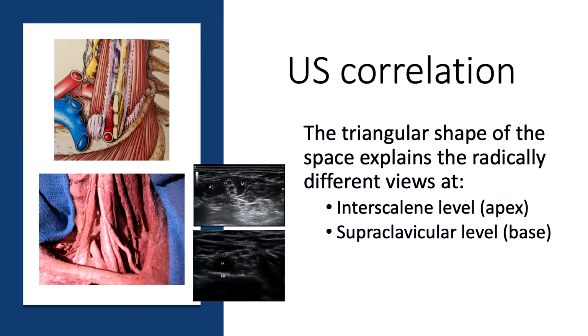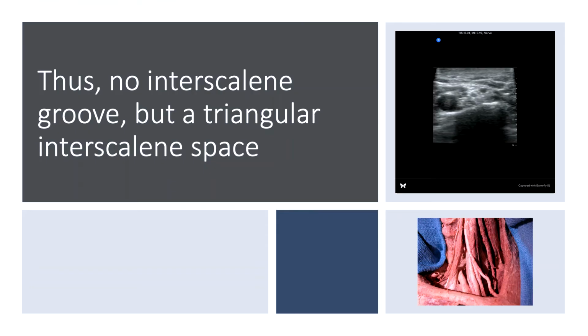And as you go a few centimeters up, the space narrows so much that it allows the nerves to be only one on top of each other. There's no room to spread them across. And this is only 2 to 3 centimeters away, one space from the other, or one level from the other, in the same interscalene space. So keep that in mind when we are talking about blocks.